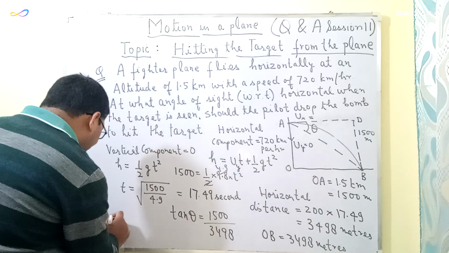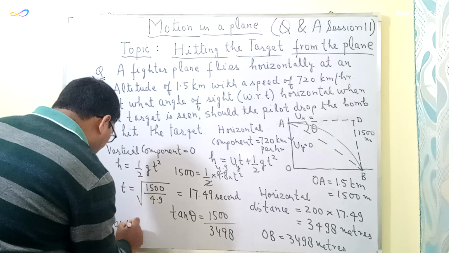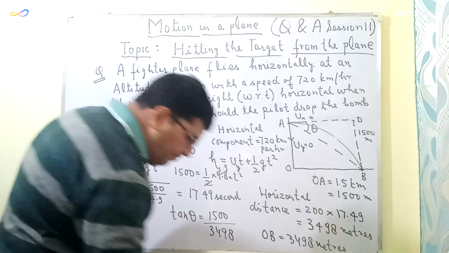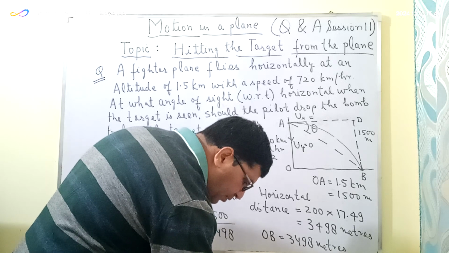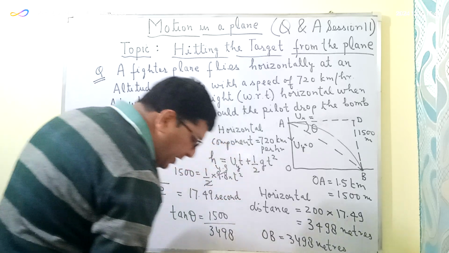So from here, tan theta will be equal to 1500 divided by 3498, which is equal to 0.4288.